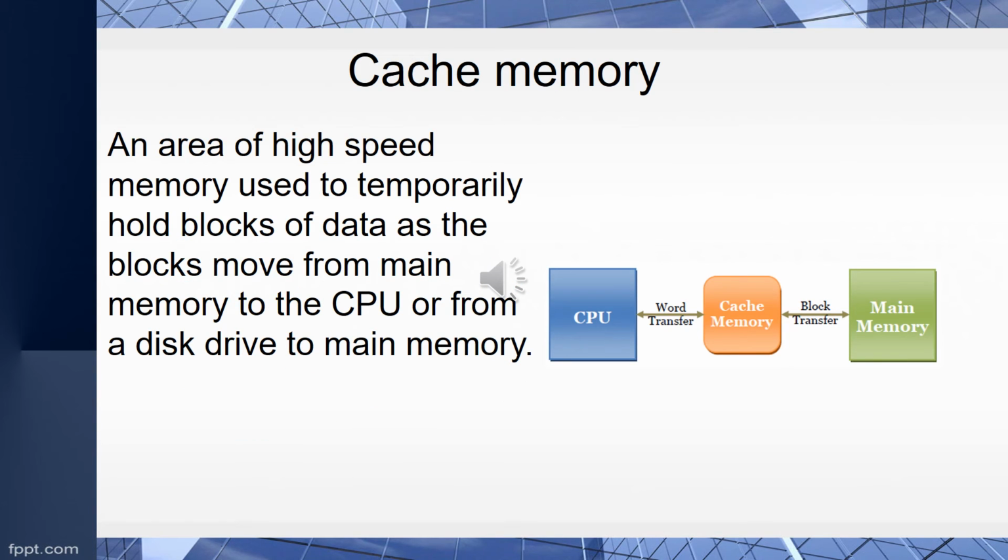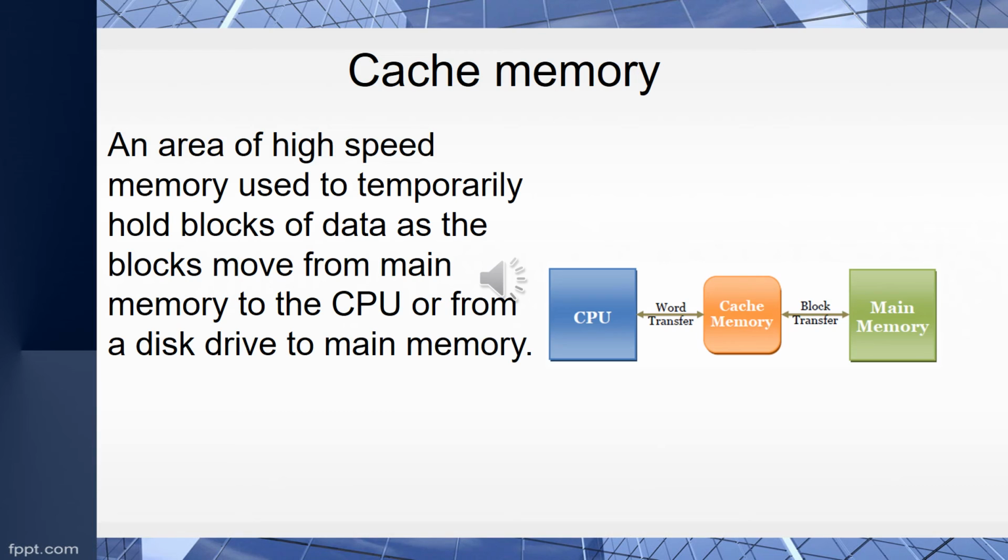Cache memory is an area of high-speed memory used to temporarily hold blocks of data as they move from main memory to the CPU or from a disk drive to main memory. Caching speeds up computer operations by relying on the fact that the next piece of data needed by the CPU is most likely in the block of data already stored in the high-speed cache memory area.